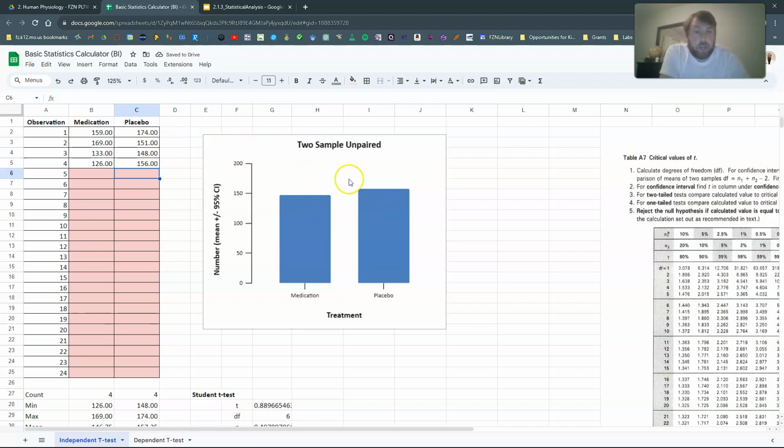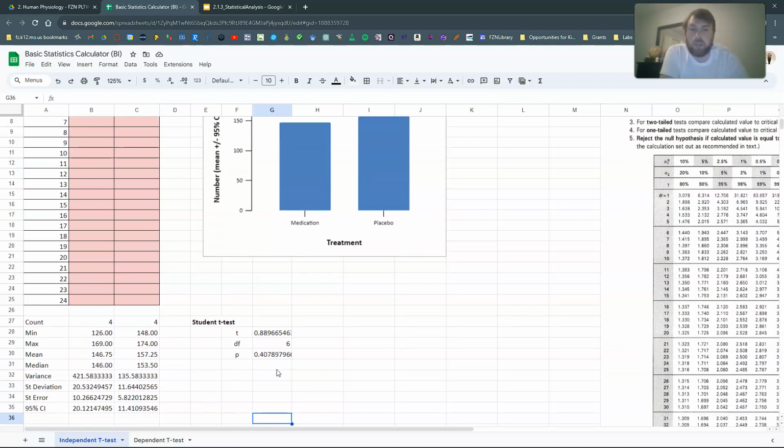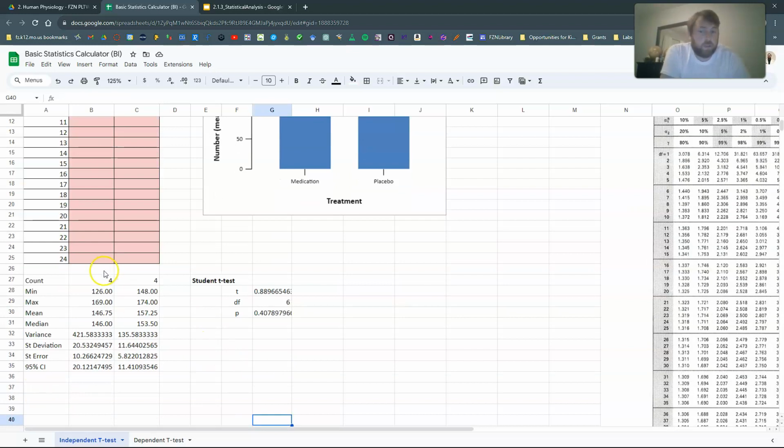Based on this chart right here, it does look like the means were different. However, we actually have the t-test calculated for us down low here. You can see all the statistics that mean something to us. The count is 4 for each, the minimum, the maximum, the mean calculated for us, the median, not necessarily always super useful.